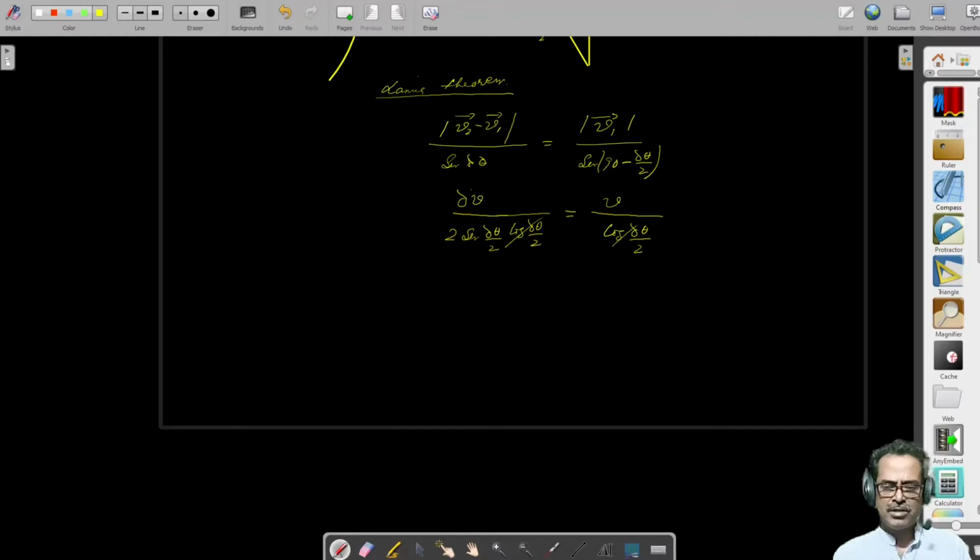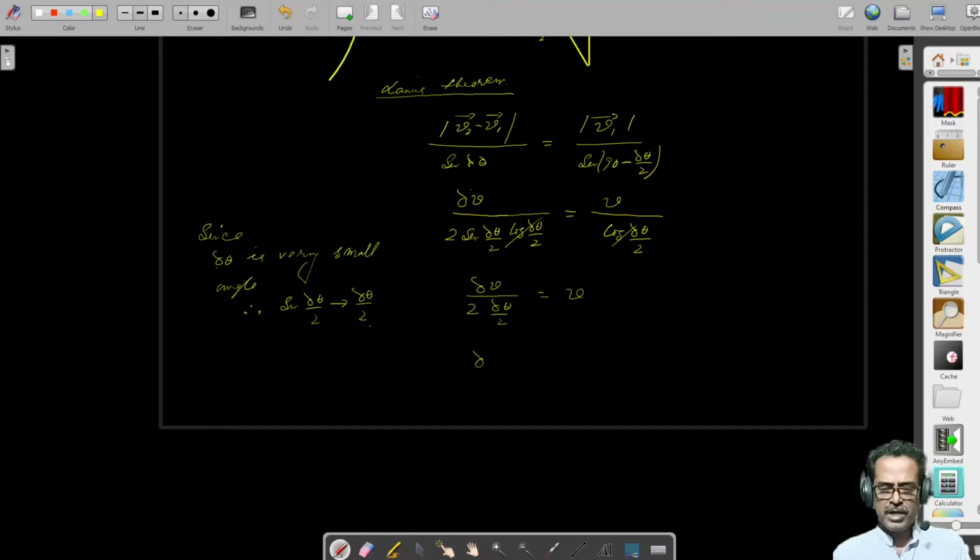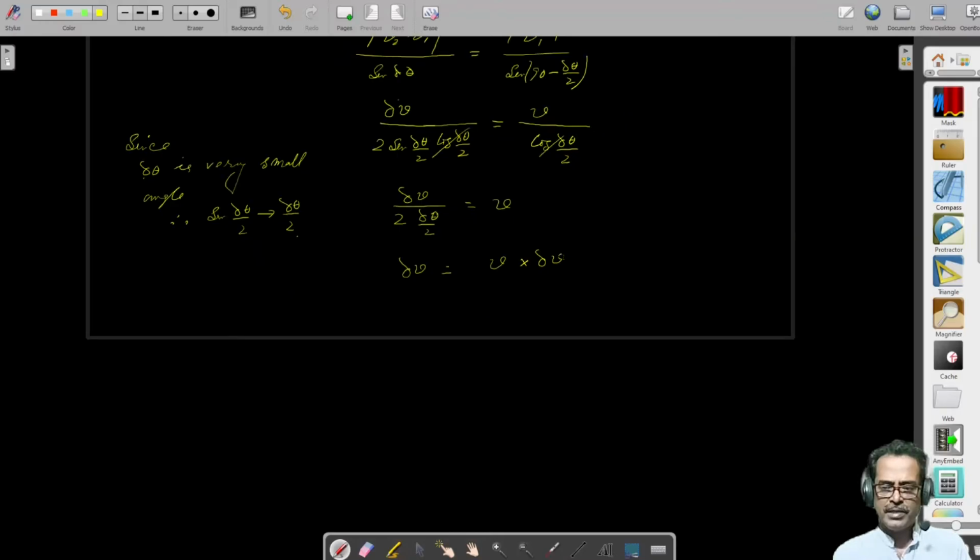This will be cancelled, since del theta is a very small angle, therefore sine del theta by 2 tends to del theta by 2. So we can write del v by 2 del theta by 2 is equal to v. So, del v is equal to v into del theta.